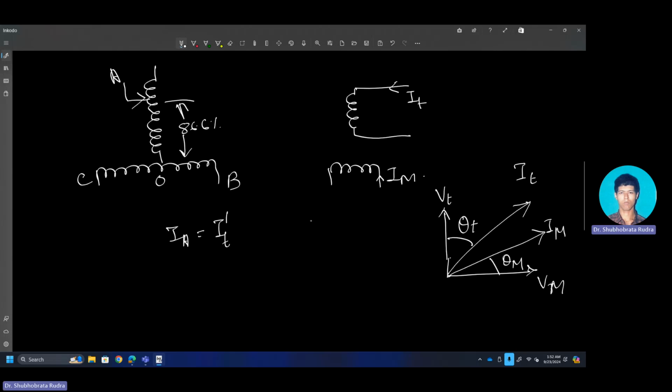Now, how will the phasors on this side look? See, VT and VA are in phase, and therefore IP and IA will also be in phase.